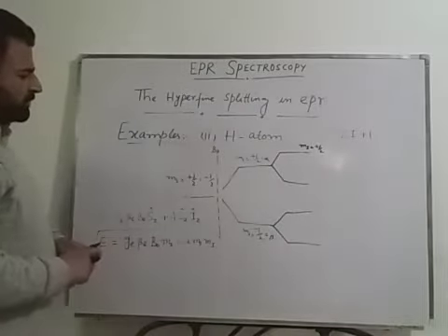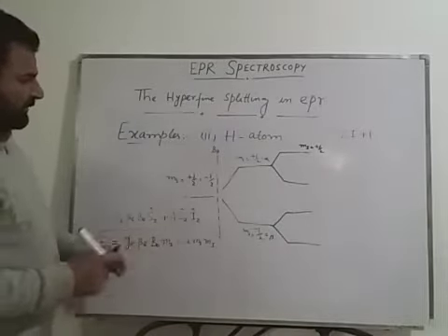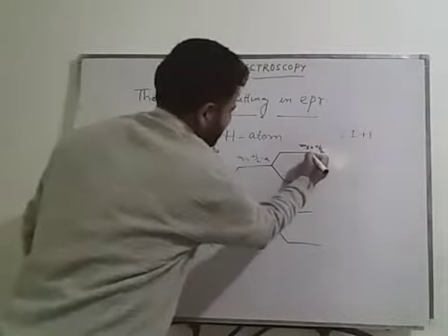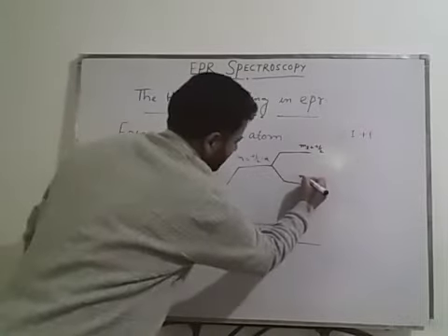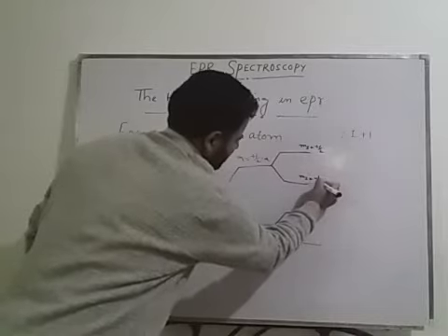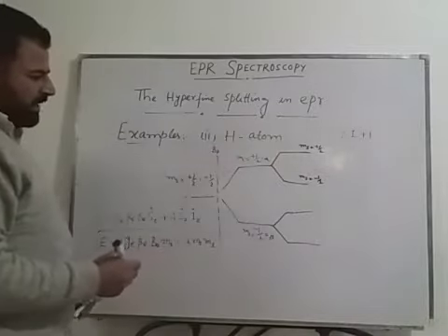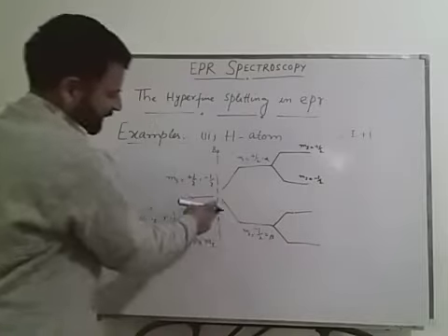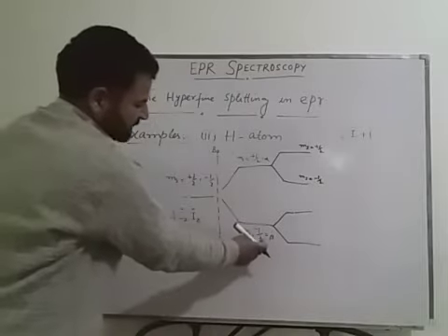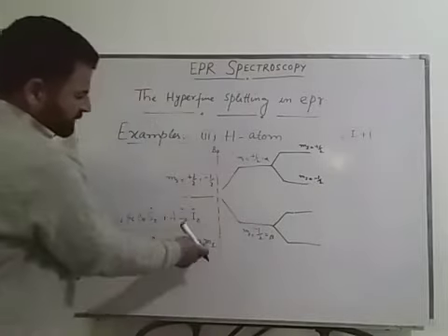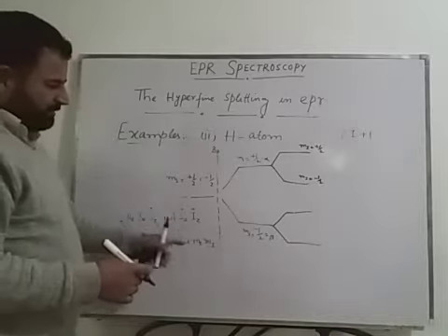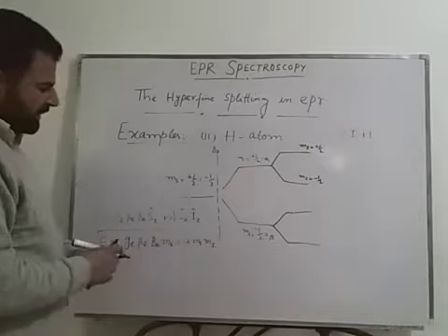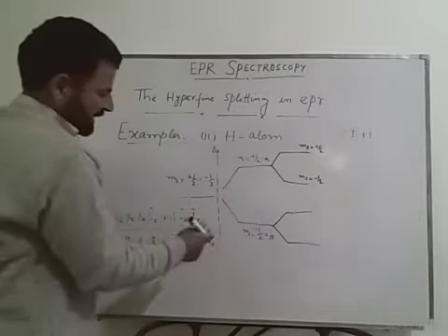Now this energy level will have Mi plus 1 by 2, then this energy level will have Mi minus 1 by 2. Now here, when Ms is minus 1 by 2 and Mi is also minus 1 by 2, minus times minus will give plus.